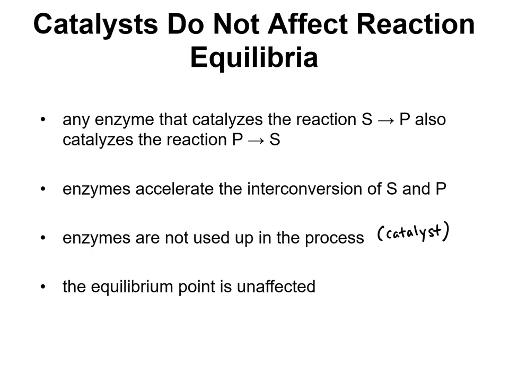And most importantly, the equilibrium point is unaffected. Catalysts do not affect the equilibrium. They affect the reaction rates. Probably going to say that several times throughout this, but it's a very key thing to understanding enzymes. Enzymes do not affect reaction equilibria. They just affect the rates.